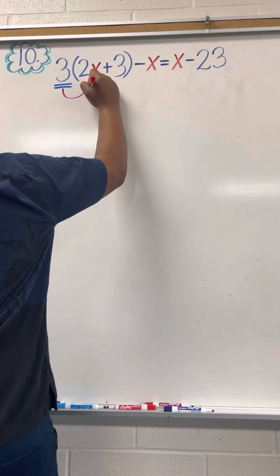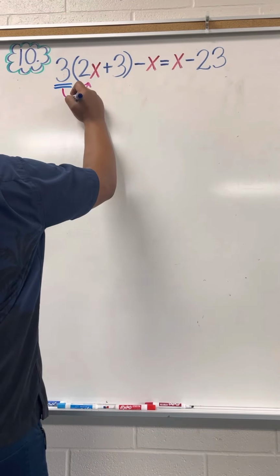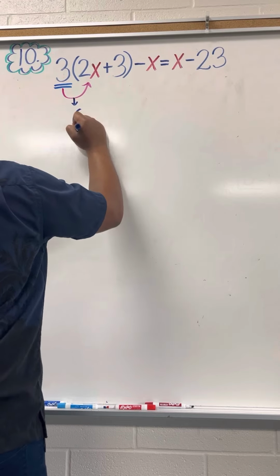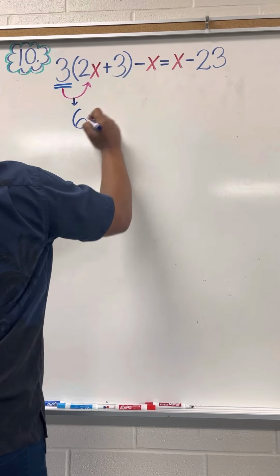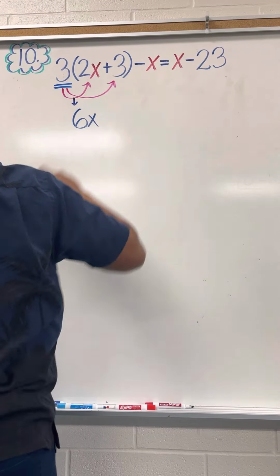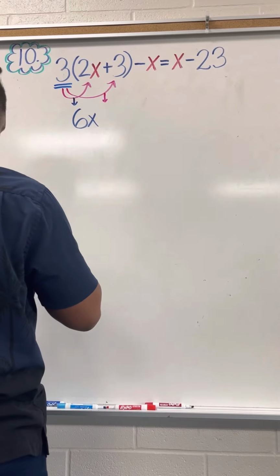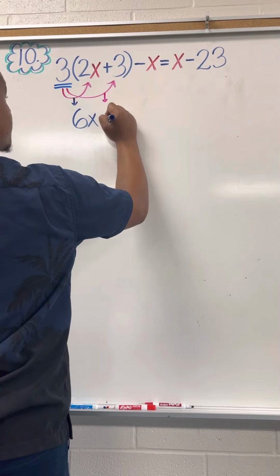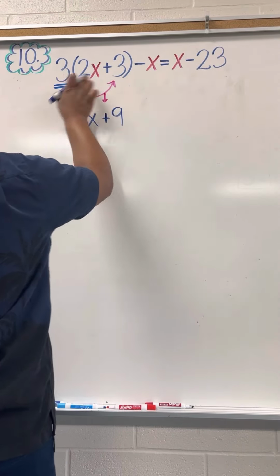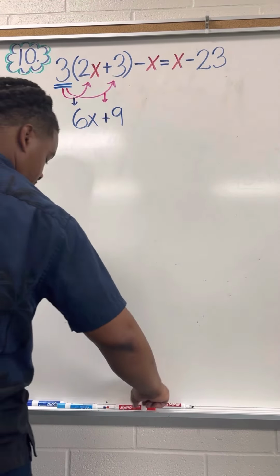So I have 3 times 2x, which is 6x. And then also I have 3 times 3, which is 9. Okay? So now this part of the expression turns into 6x plus 9.